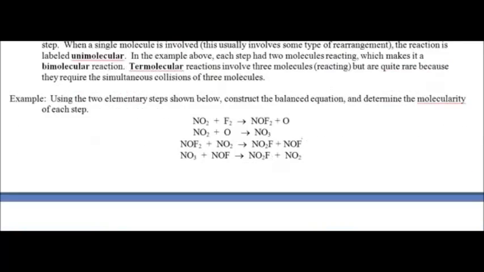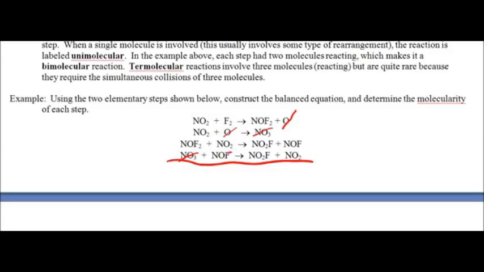Okay. So first thing that I want to do is cancel out anything that shows up on opposite sides. Like so, for example, here I have an oxygen here and an oxygen there. That one can go away. So that will not go down here in this balanced equation. I have 2 nitrogen dioxides, but they're on the same side. I do have a nitrogen trioxide here and a nitrogen trioxide there.